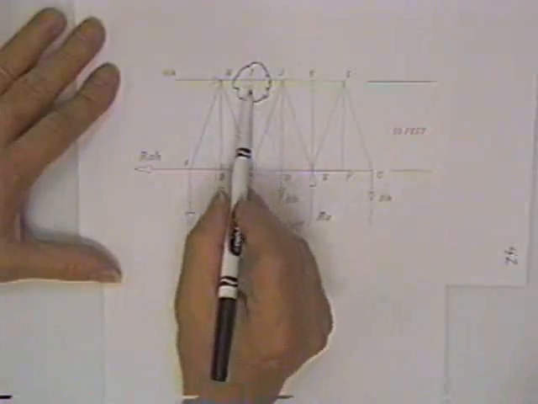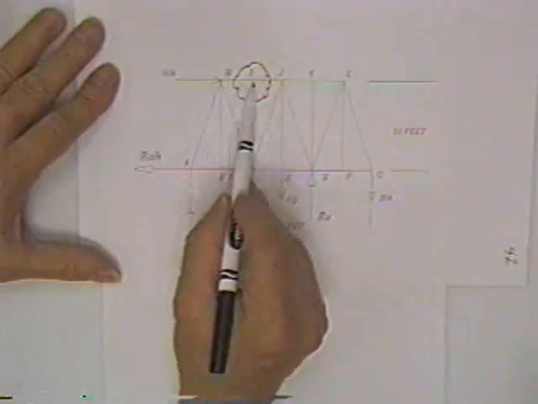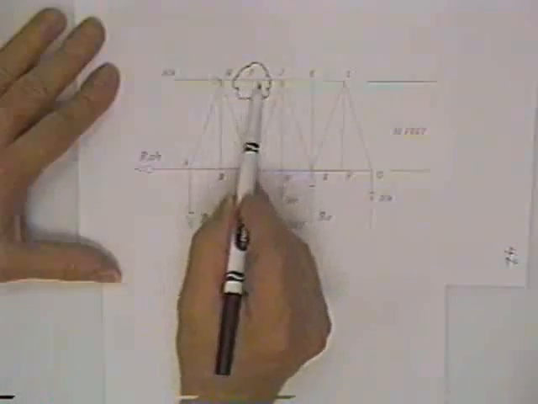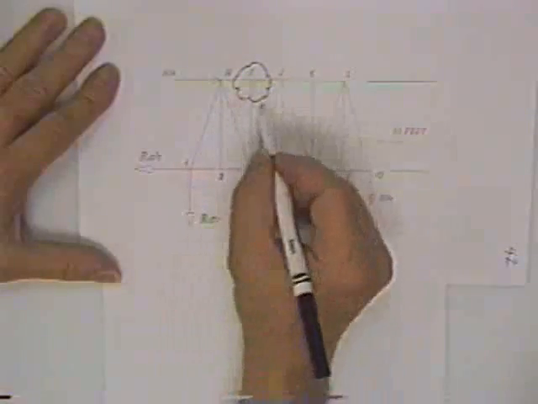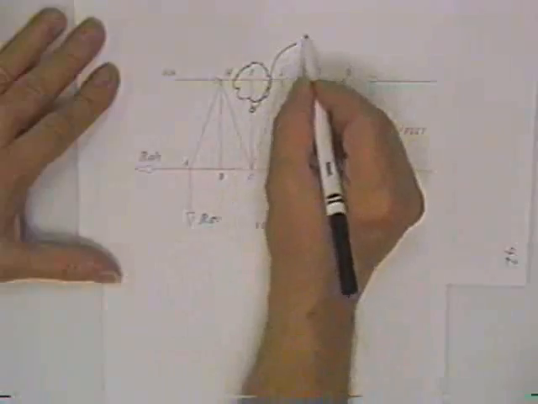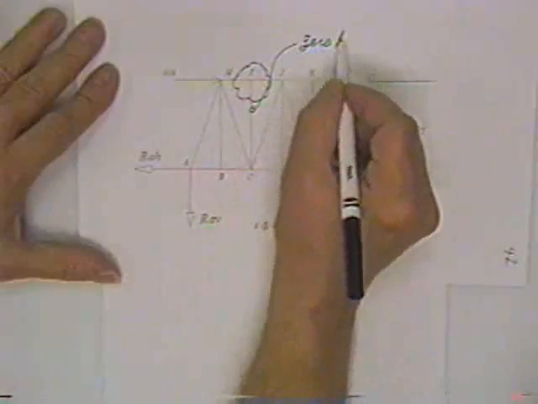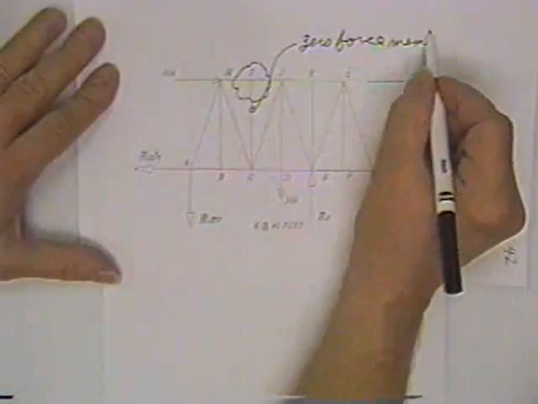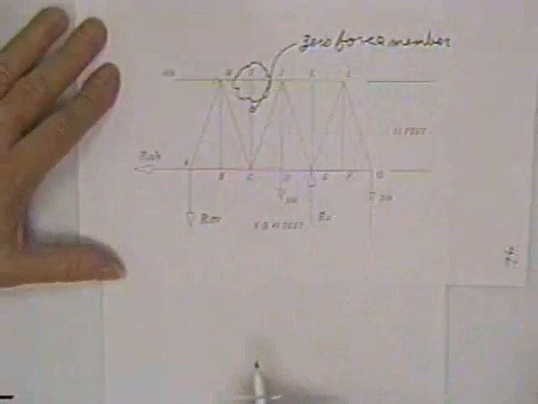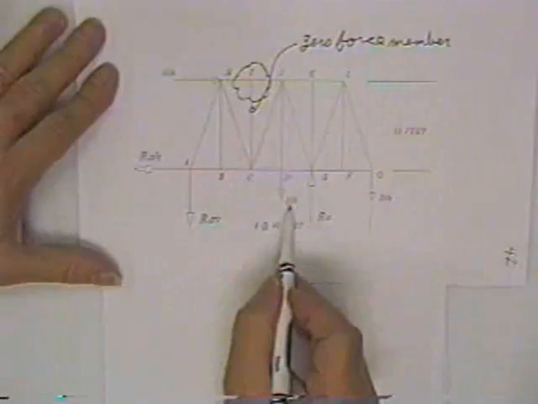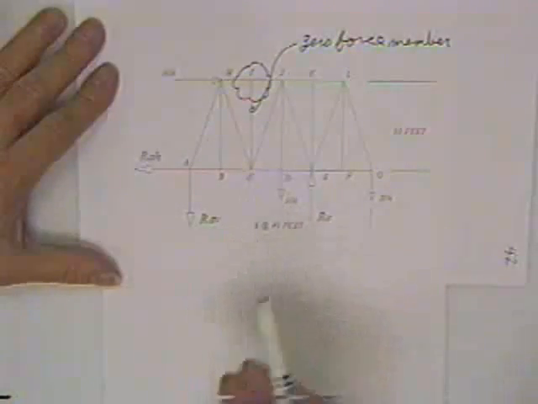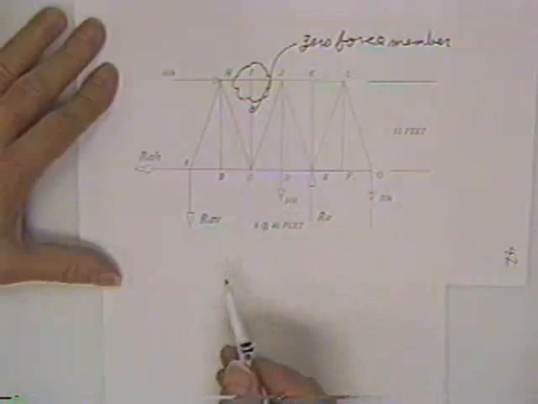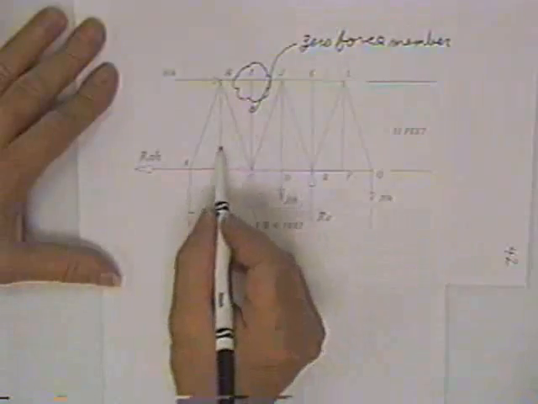But in this case, since it is perpendicular to a pair of members that are pure horizontal and have no vertical component, that's what they call a zero force member. And that doesn't mean that it'll always have zero force. When this 30 kip truck gets somewhere else, it may have some force in it, but right now it's not necessary.